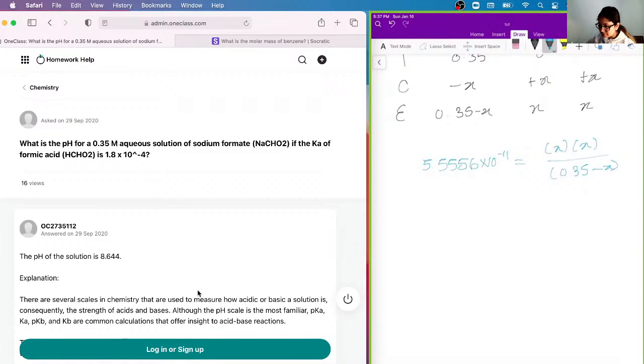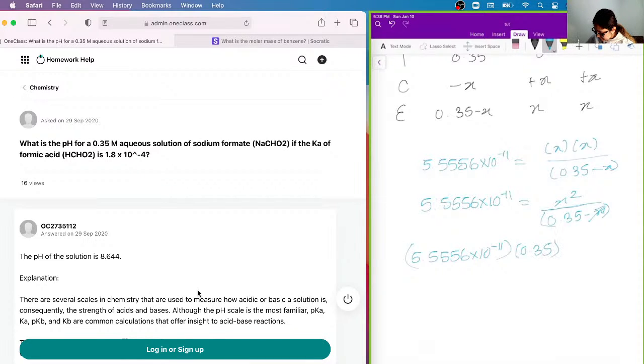So if we rearrange this equation, in this case you can basically cancel out the X in the denominator. And what we have is 5.556 times 10 to the power negative 11, and you would multiply this with 0.35.